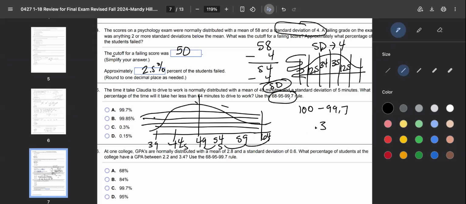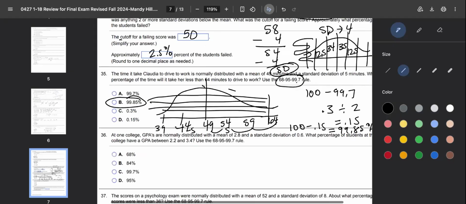Then we divide that by 2 because part of that's included on this tail down here. So divide by 2, and we would get 0.15. And so 100 minus 0.15 is going to be 99.85%. So that is an extreme case if it ended up taking her that long to get to work.